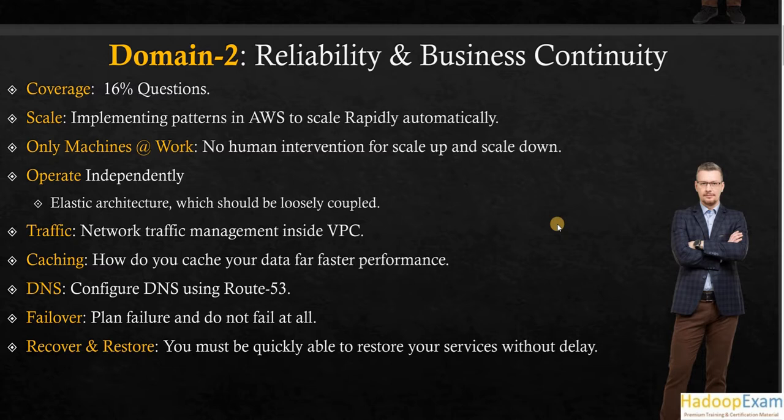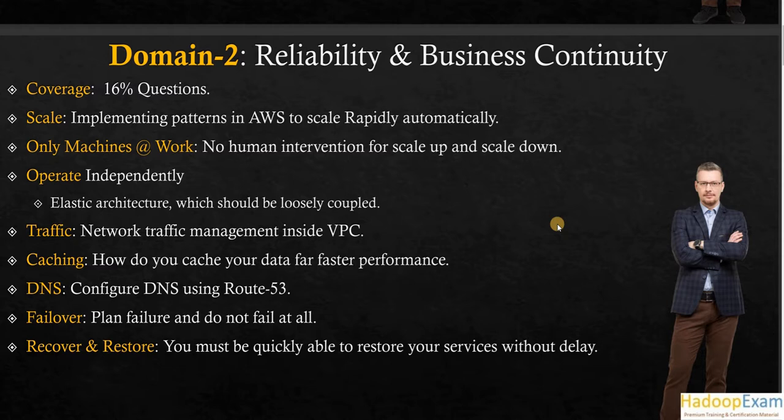So you should be able to scale up as well as scale down. To reduce the cost, you have to scale down as well. As soon as your load decreases, you should be able to terminate your EC2 instances which are no more needed. So that kind of knowledge you need to know.